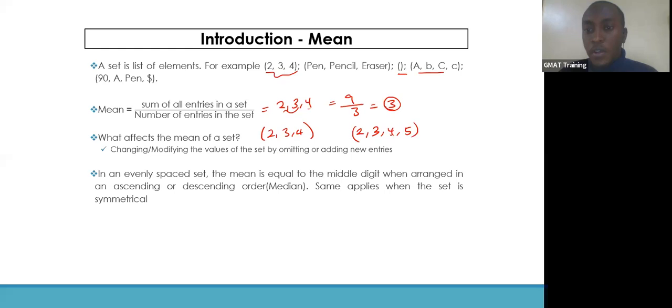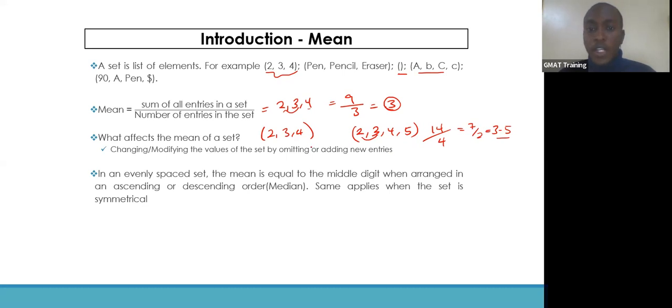Let's add these together. 5 plus 5, that's 10, 10 plus 4, that's 14. Divide by the number of entries, that's 4. And this should equal 7 over 2. This is 3.5. As you can see, 3.5 is greater than 3, and the mean increased by just adding a value greater than the mean.